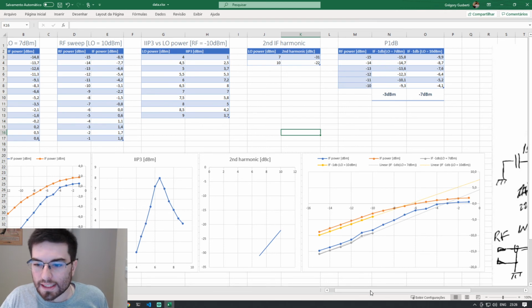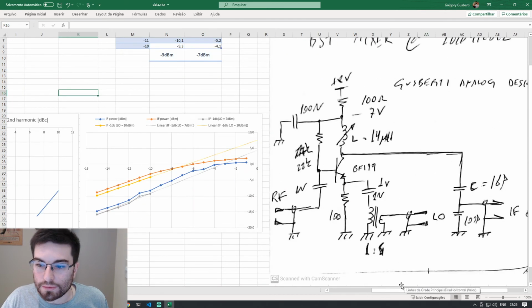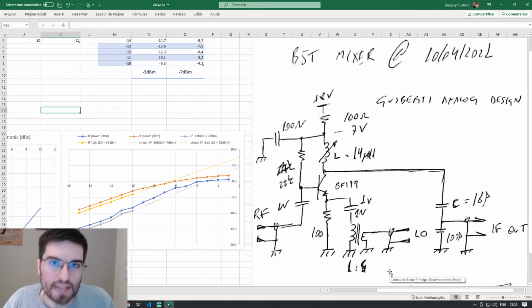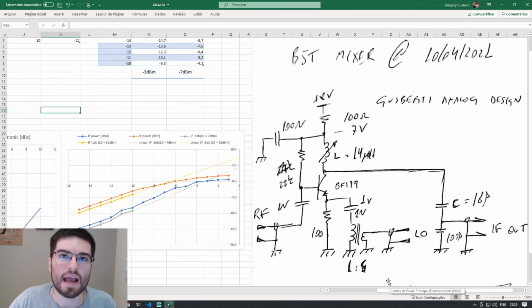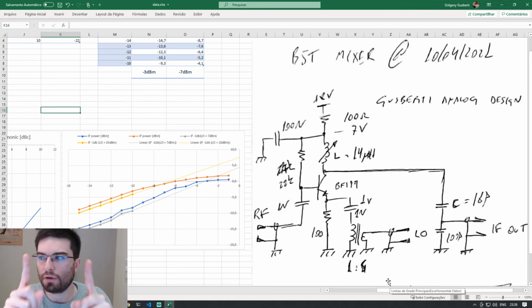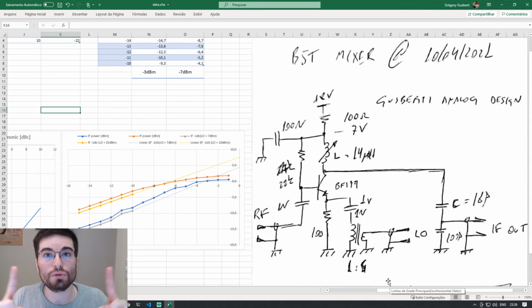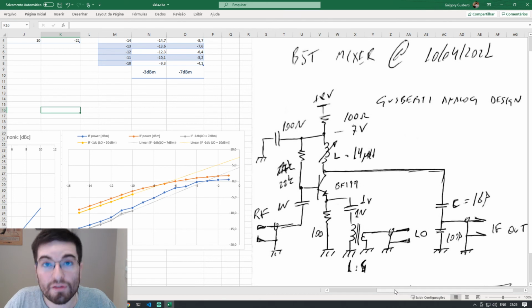Another interesting measure we can do here is the third order intercept. Okay, and now to measure the third order intercept, we need to input two tones very close apart in the RF signal, and we can see at the output in the IF band we're going to see the two main signals we inputted down converted, and also two sidebands that are very close to our IF frequency.